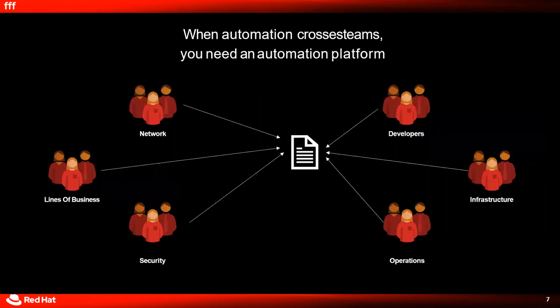Now, the next thing is when automation spans across teams, you need an automation platform. If you see the page at the center right, that is a script, let's say, to reboot a server. The same script can be used by any of my team members inside the organization.